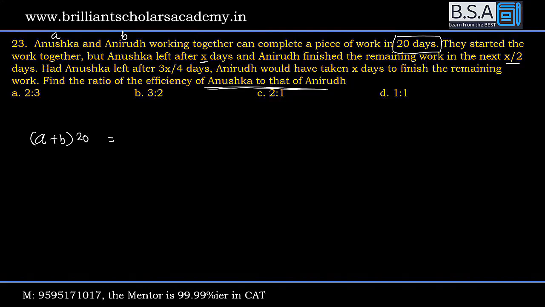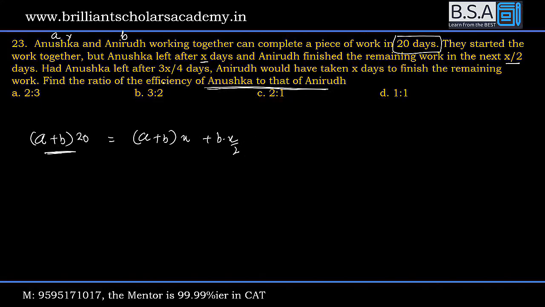Same work is being done. Please understand and observe. When they both together work for X number of days and then Anushka leaves, Anirudh alone works for X by 2 days. It is the same work.